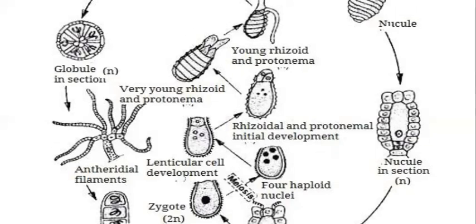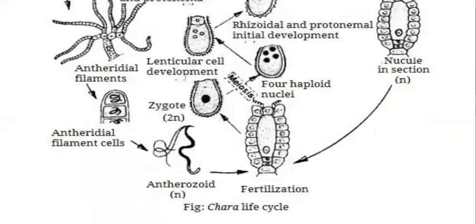The rounded structures, the protonemal structures, as well as the myelin star. This is one type of asexual structure that further develops into vegetative cells.